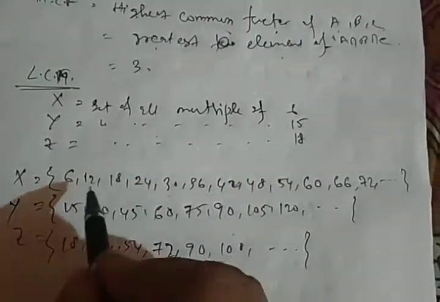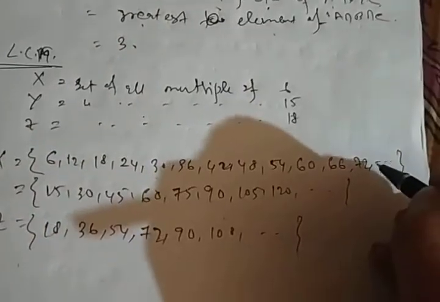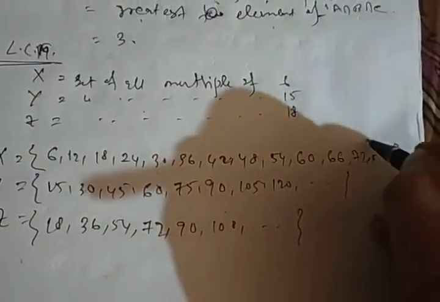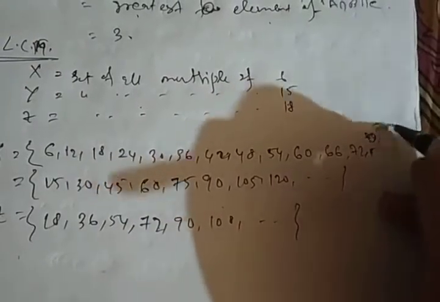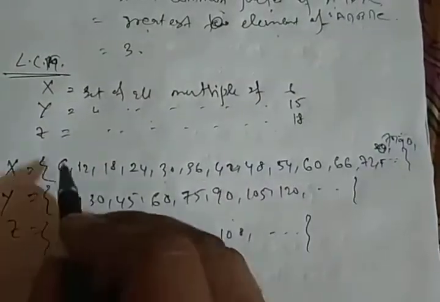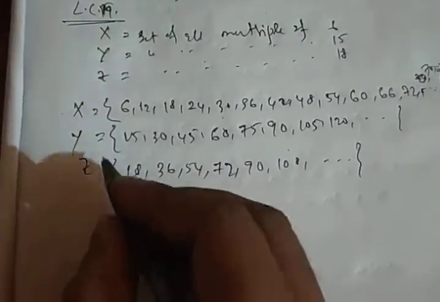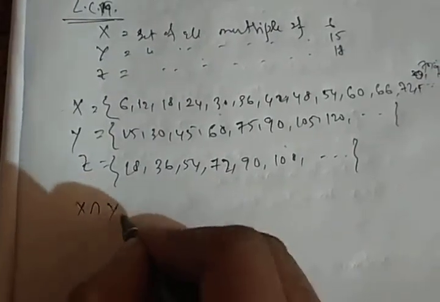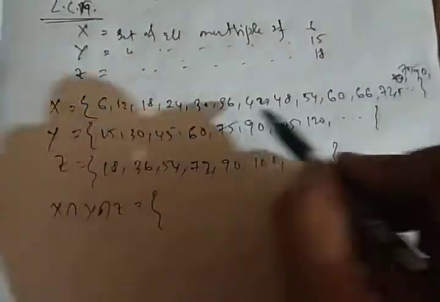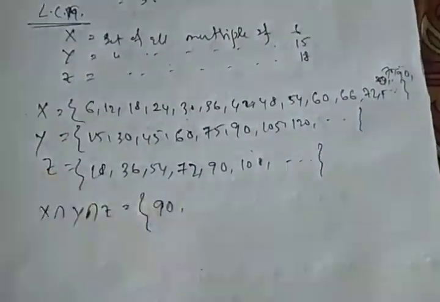If we calculate the multiples of 6, there will be 72, 78, then up to 90, which will be a multiple of 6 also. So x intersection y intersection z, the first common number will be 90, right?